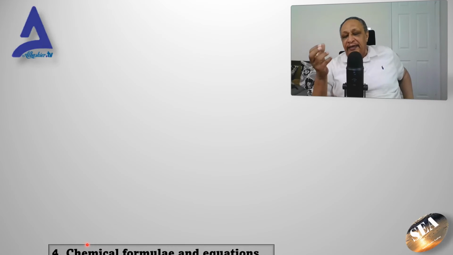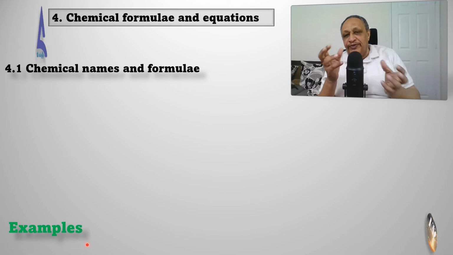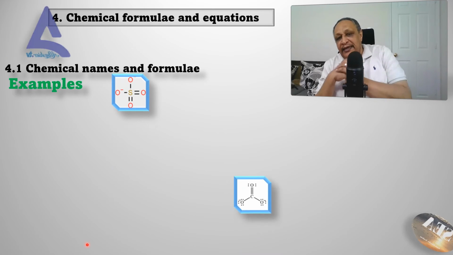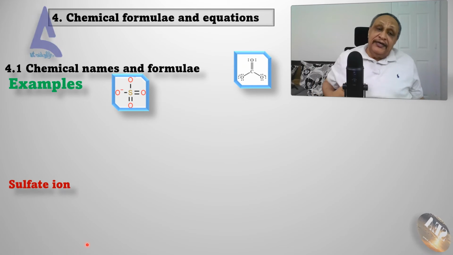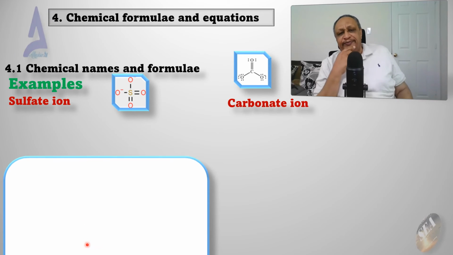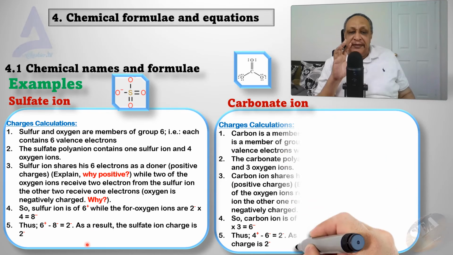I keep telling you that there are groups, and those groups work together, and they have charges. So how can you calculate the charge for each group? It is not difficult. It is very easy.